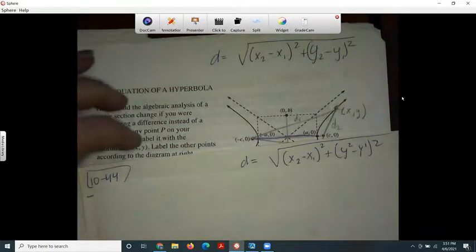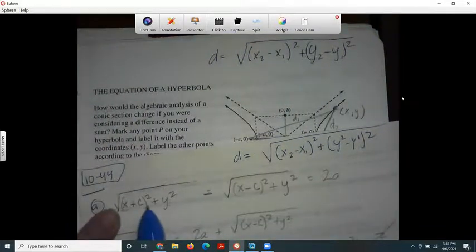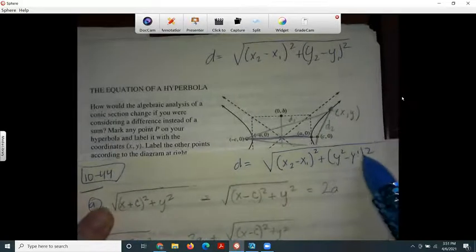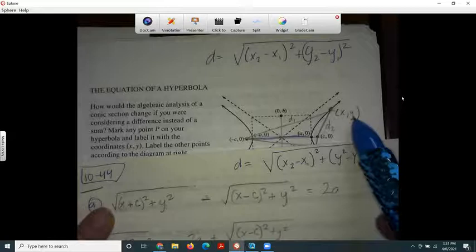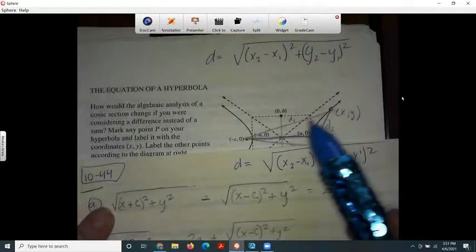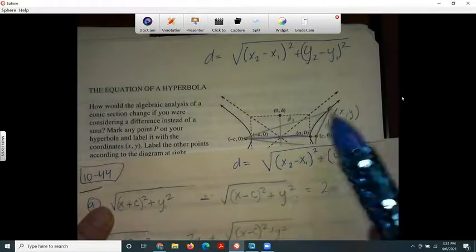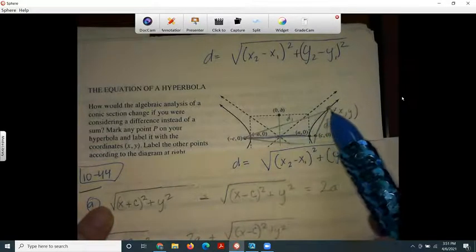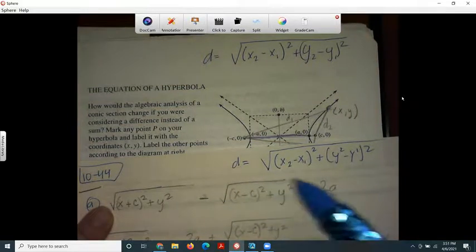So that's why I have an x plus c here. And then it's y2 minus y1. Well, y2 is here, and y1 is 0, so that's just y squared. And then that gives me the whole distance of this longer distance. And then if I subtract the shorter distance, it's equal to 2a.